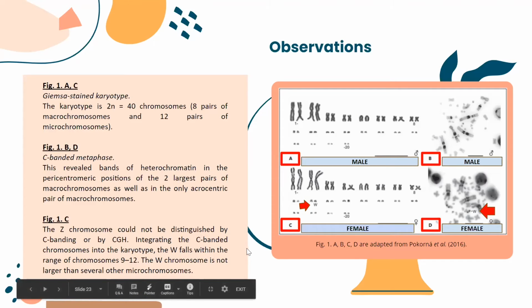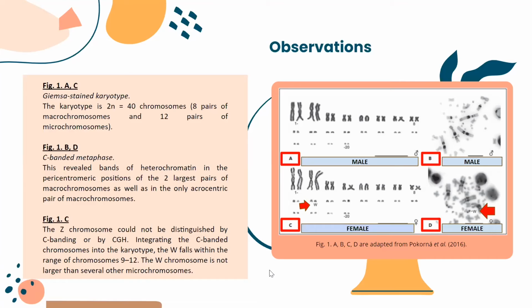So based on the figure 1C, we can see that basically the Z chromosome could not be distinguished by any C banding or by CGH. So by integrating the C-banded chromosome into the karyotype, we can see the W chromosome, which falls within the range of chromosome 9 to 12.